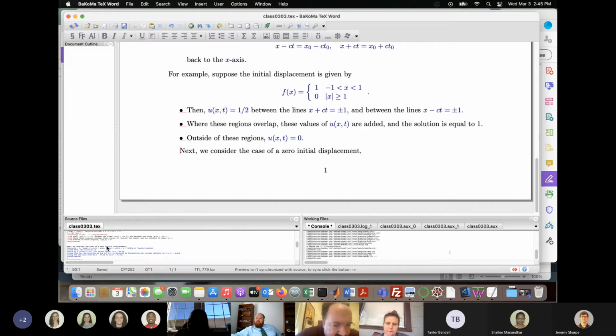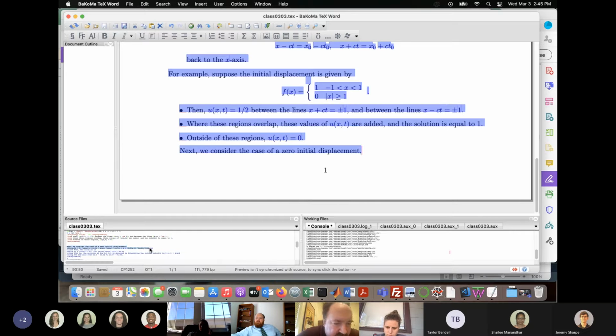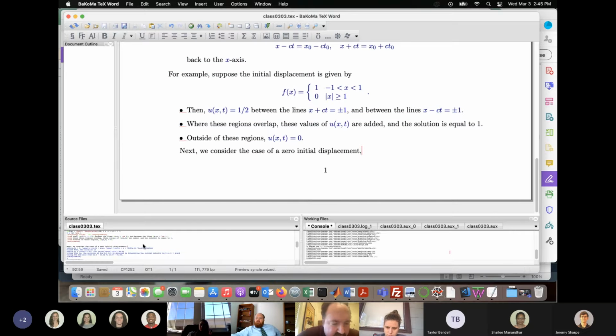Okay. So I need to try to make this bigger so I can actually see what I'm doing. Usually I'm able to do that by zooming in, and it's not cooperating. All right. I'll just have to make do.